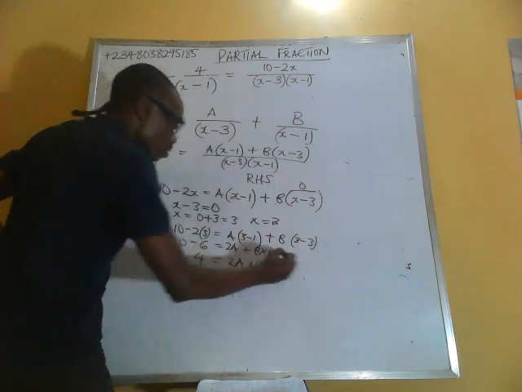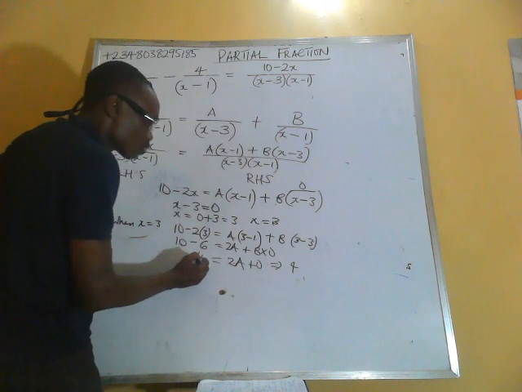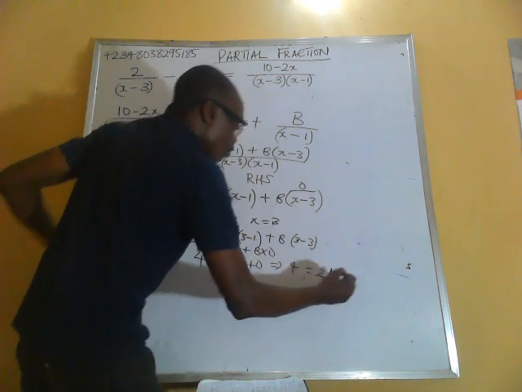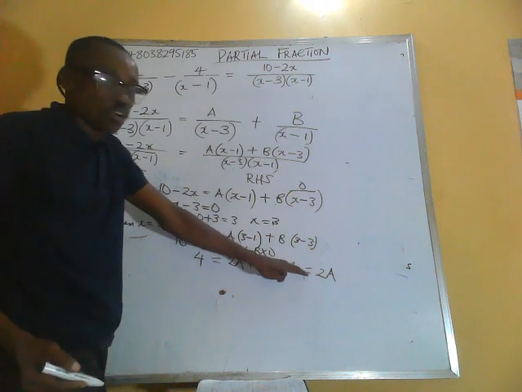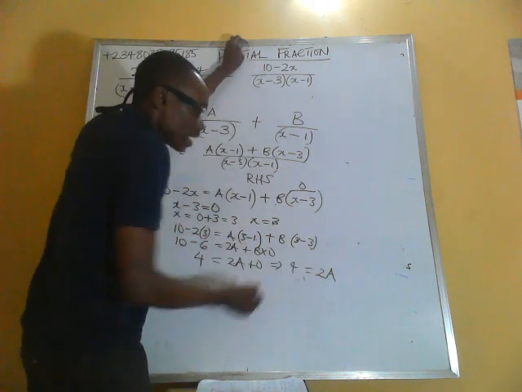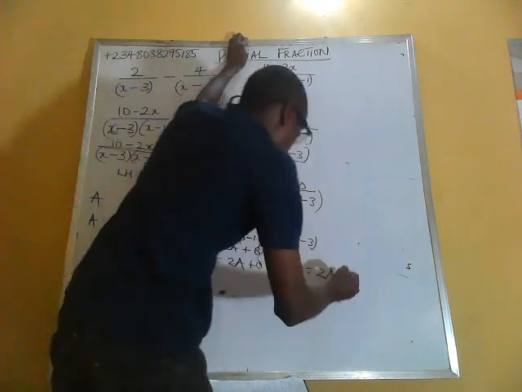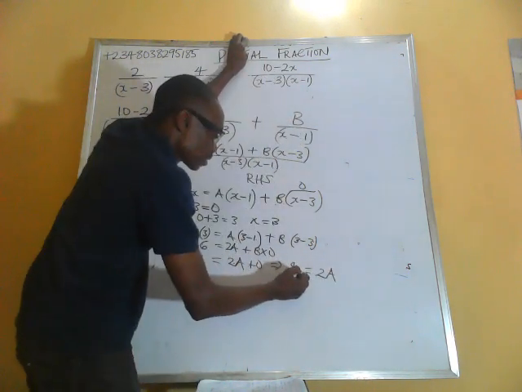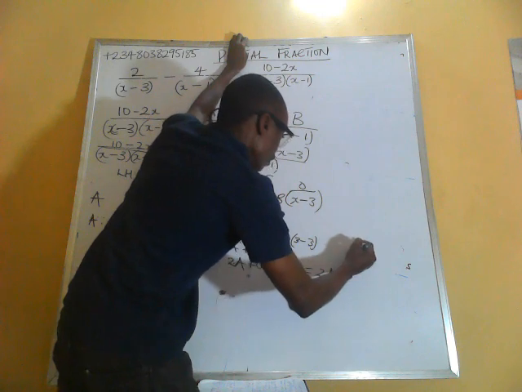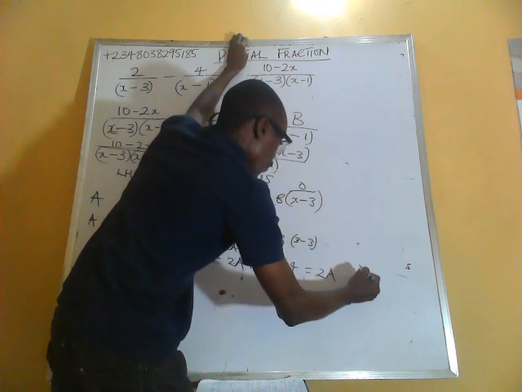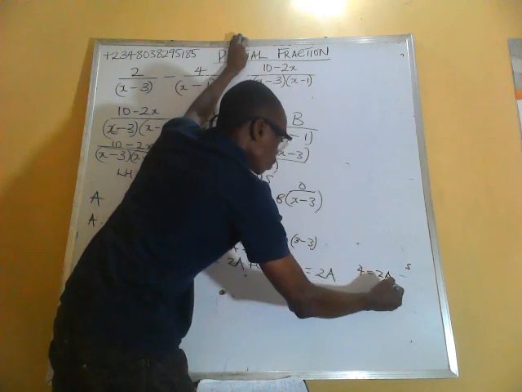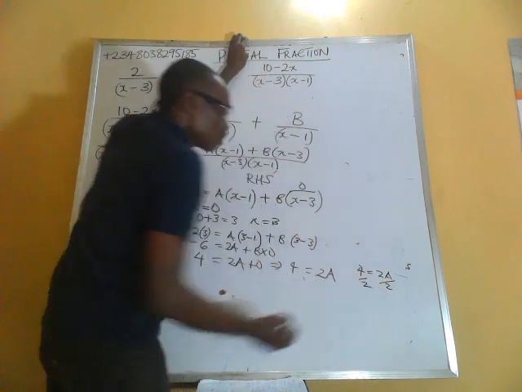So you have 4 is equal to 2A, from which if you solve for A by dividing both sides by 2, you're going to have 4 over 2 equals 2A over 2.